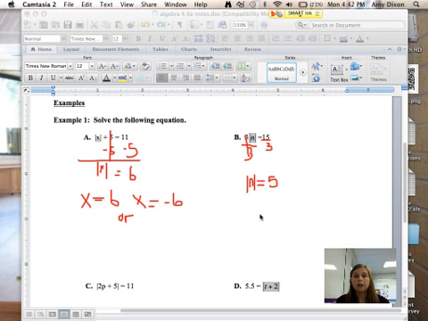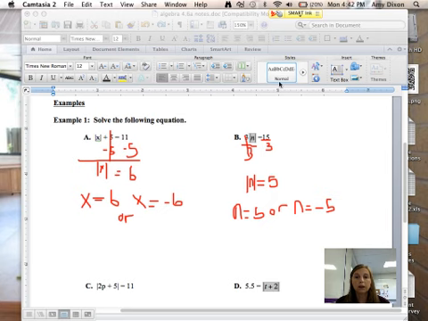And then again, what's inside that absolute value could equal positive 5 or negative 5. So you want to change that to where you get n equals 5 or n equals negative 5. So those are two possible answers on this equation. Both of these answers will make the statement true. So that's how you have to do absolute value equations.